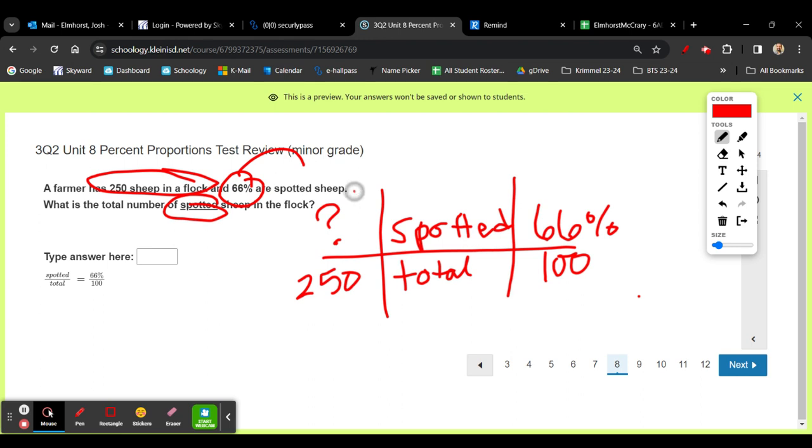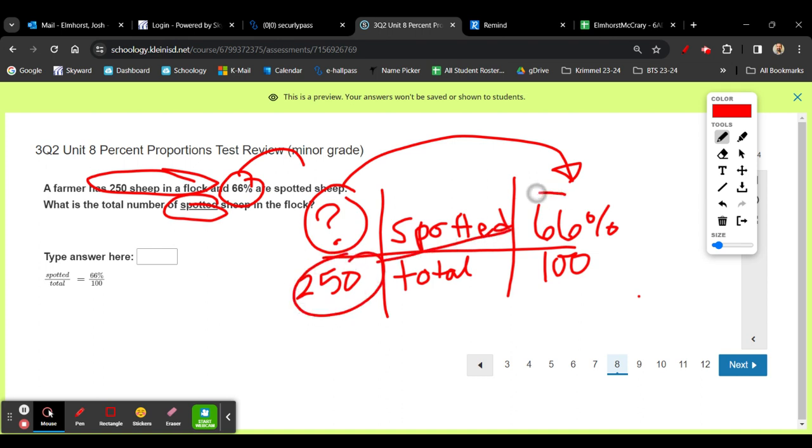How many are spotted out of the total that would equal 66%? So you can cross multiply: 250 times 66 and then divide by 100.